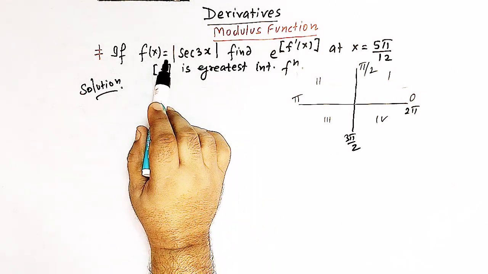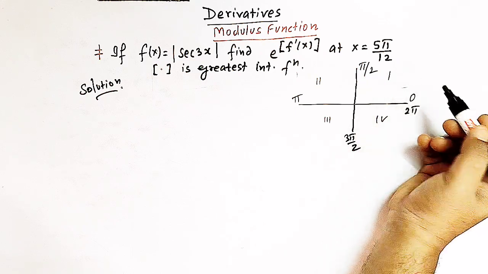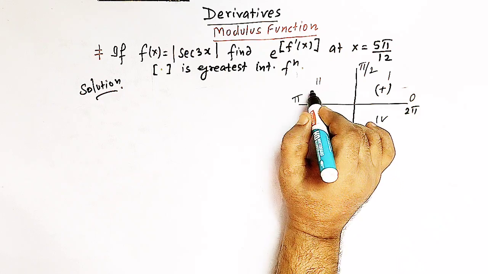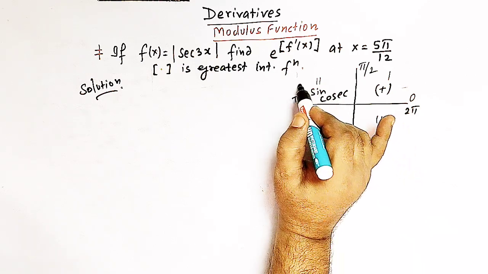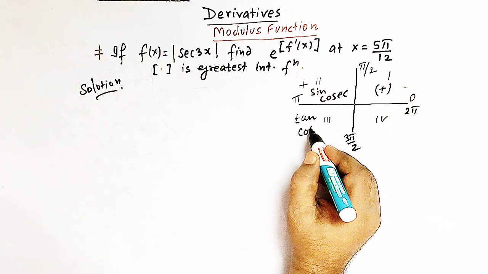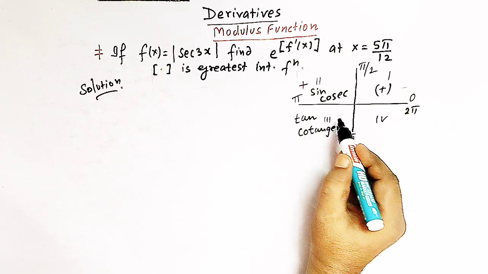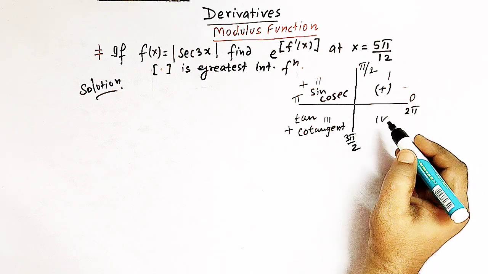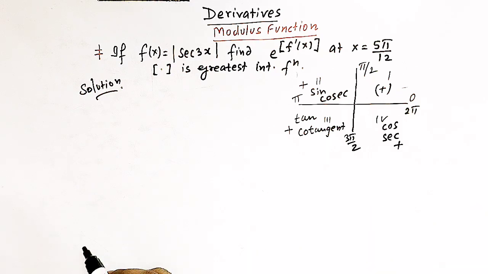In the first quadrant all the trigonometric functions are positive, and in the second quadrant only the sine and cosec functions are positive, and in the third quadrant only the tangent function and cotangent function, that is cot and tan function, are positive, and in the fourth quadrant only the cosine function and the secant function are positive, right?